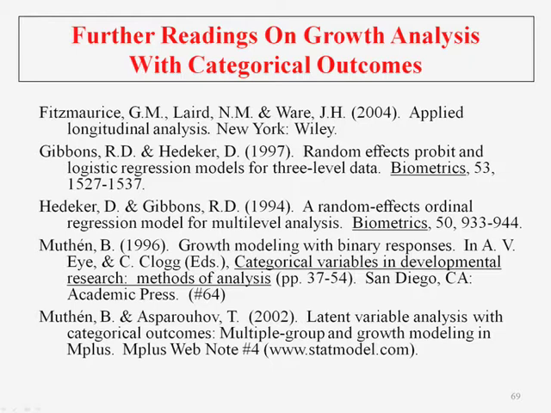There are articles by Bob Gibbons and Don Hedeker, Biometrics, and some early attempts by me doing this in an edited book. And a technical web note. We have web notes on our website, not quite papers, although this is quite a paper, describing how to think about this from an Mplus perspective.